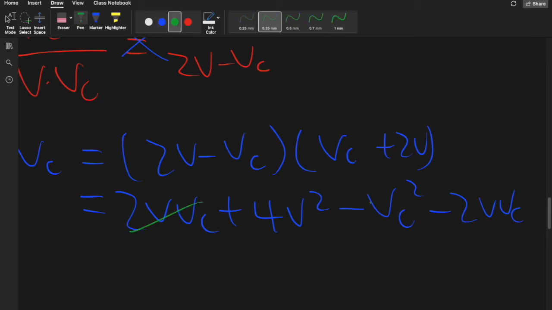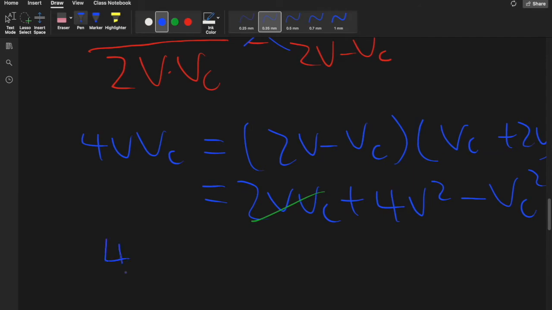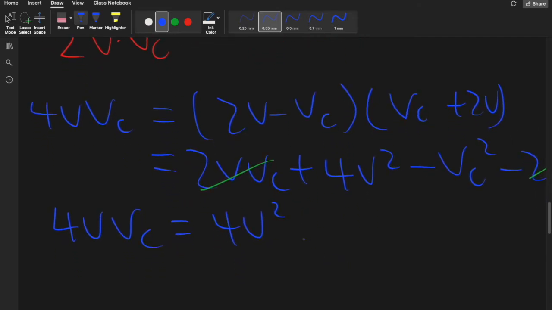So these 2 terms cancel out again. So 4V VC is equal to 4V squared minus VC squared, right?